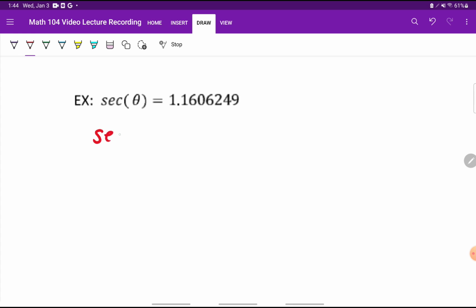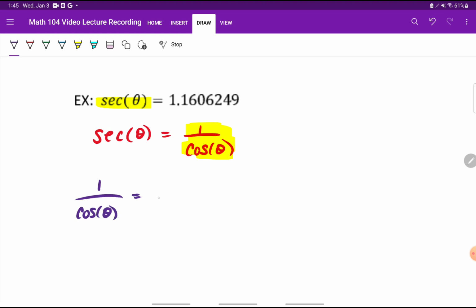We know that secant of theta is equal to 1 over cosine of theta. So substituting this in here for secant, we're going to get 1 over cosine of theta is equal to 1.1606249.